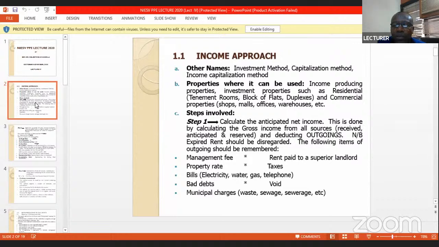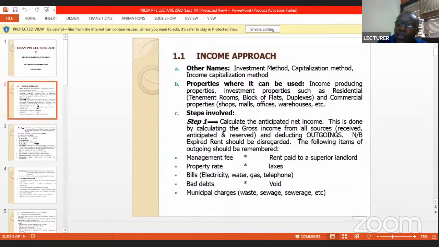So we have mentioned that we must value with net income, not gross income. Number two, we must value with income for 1 year, annual income. The last one, which is important again, is that we must not take into consideration expired rent. Anything that is expired is gone.